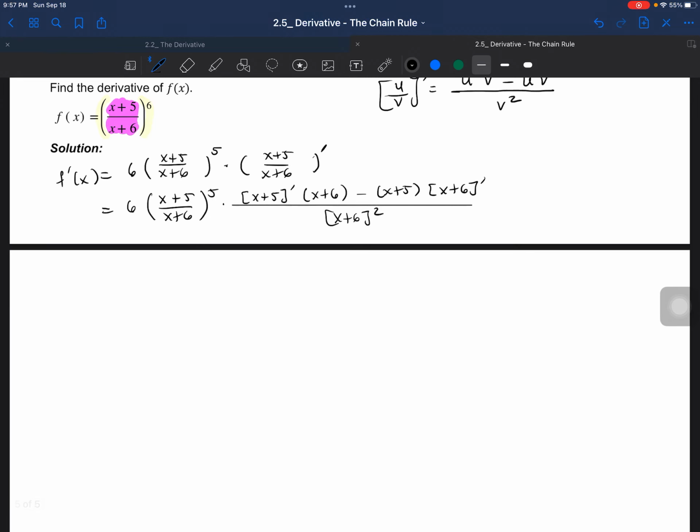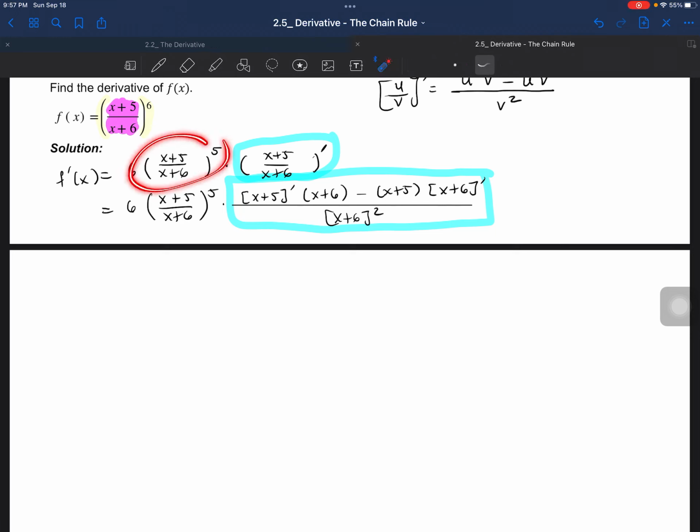There you go. If you see, my focus was this part right here, finding the derivative of this. The derivative of this is this whole thing. The other part was just carried over because it was already done.